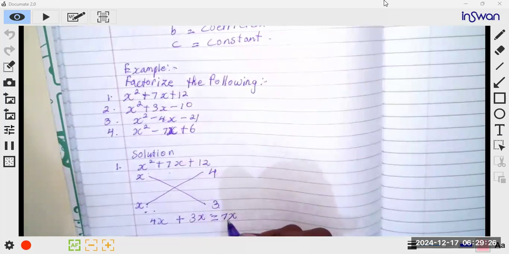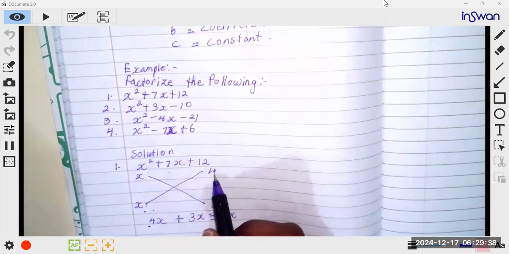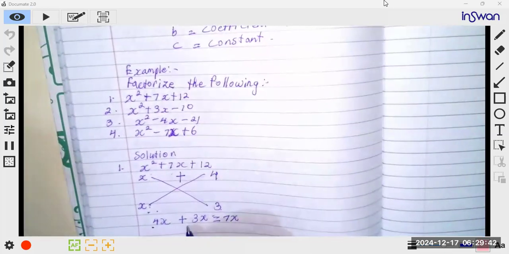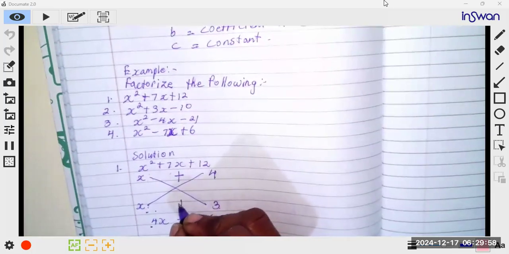Okay? What sign is in front of this 4? Positive. So in front of this 4, I will put a positive sign. What sign is in front of this 3x? A positive. Right, so in front of this 3, I will put a plus sign.